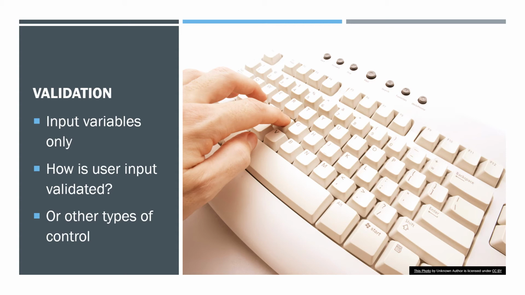For instance, if you've got a GUI, then the user might provide input entirely by clicking on mouse buttons or choosing from a drop-down menu. In any case, explain how you have controlled the user input to prevent the user from crashing your program. Remember, it's aspirational, so write about validation even if you haven't implemented it yet.